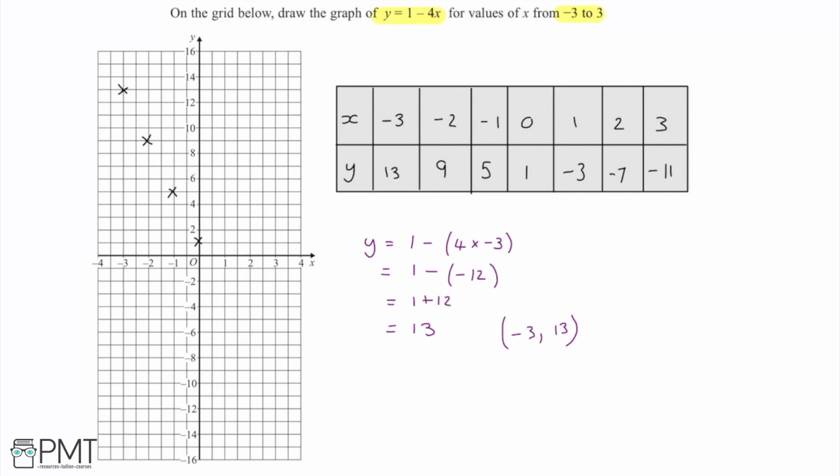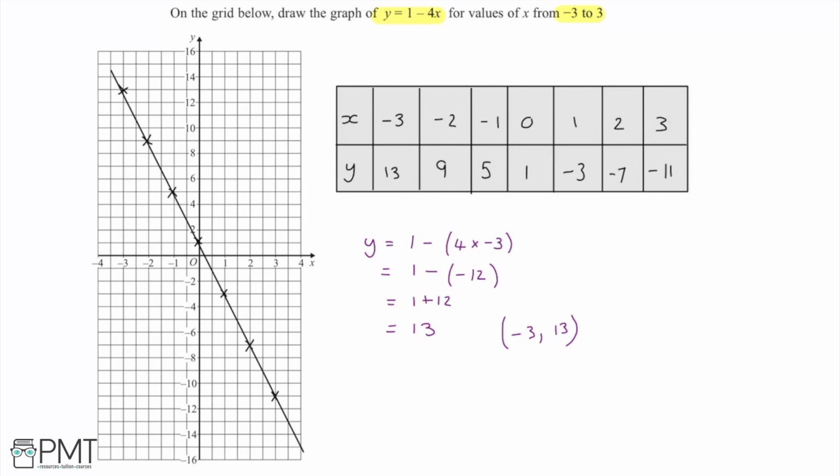So 1 will be minus 3, 2 minus 7, and finally 3 minus 11. And as you're going, you should see all of these points are going to form a straight line. I can then simply take my ruler and I'll draw a line through all the points, and that's my line of y equals 1 minus 4x.